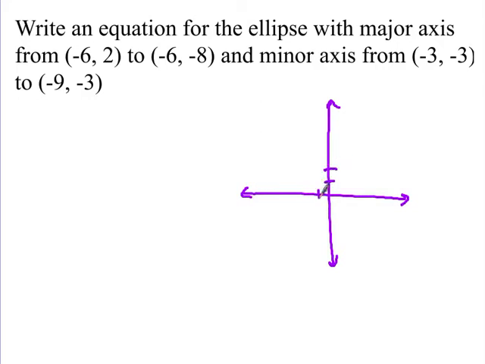Here's one, -6, 2. Here's the other, -8. It tells me the minor axis is -3, -3, and -9, -3.